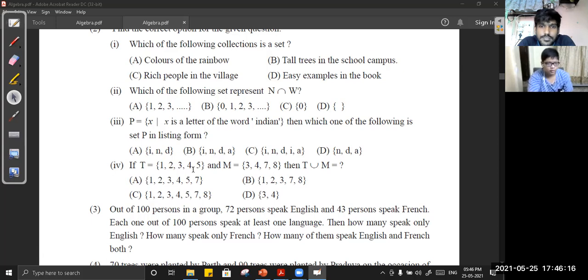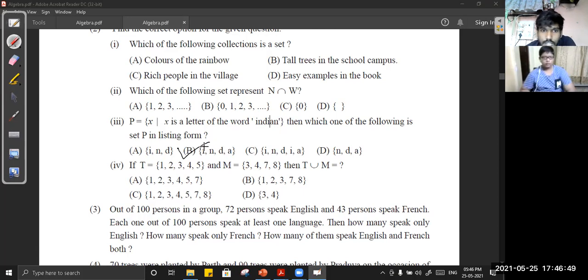Can you answer? Note one thing, when you write it in the listing method, you should not repeat. So which is the answer? So B. I, N, D, A, correct. So B is the answer.